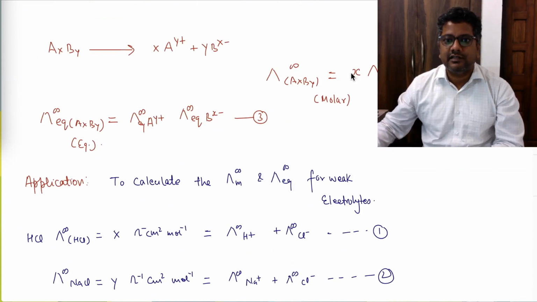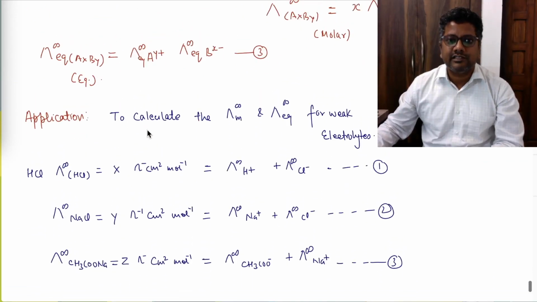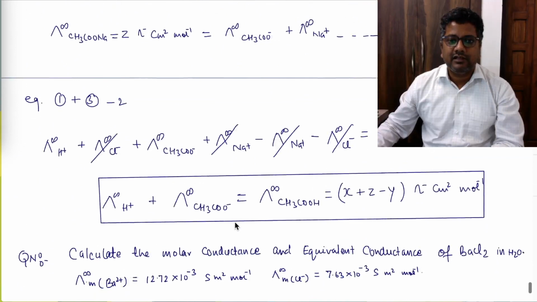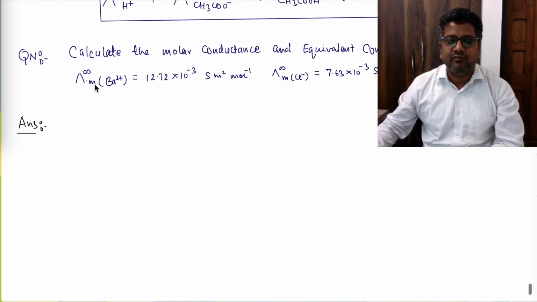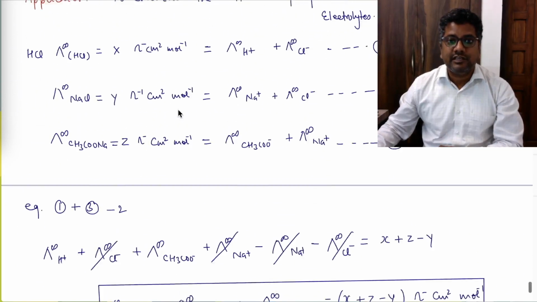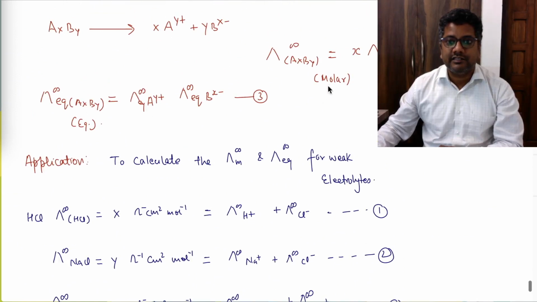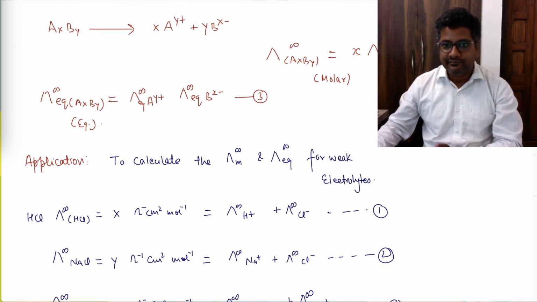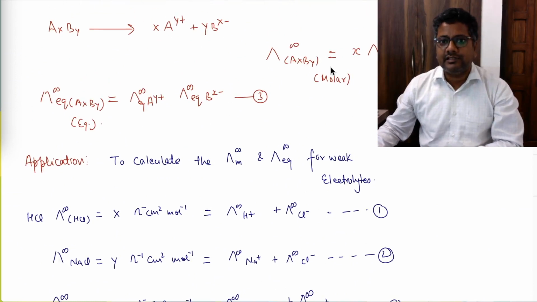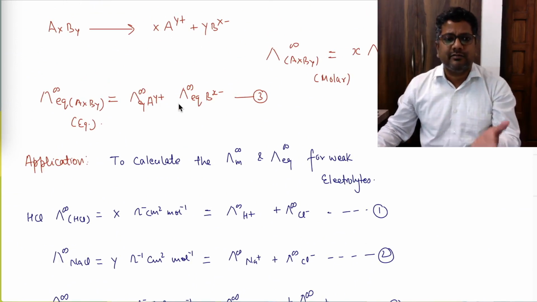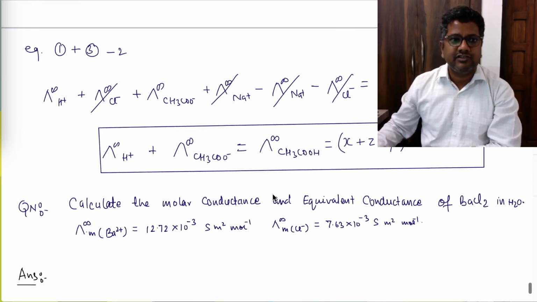But this expression you cannot use directly. Why? Because here they have given individual values for molar conductance. So you cannot use this equation directly, but this equation you can use directly. So first you calculate the molar conductance, and after that by using n factor you can convert it to equivalent conductance. So this is a very simple question.